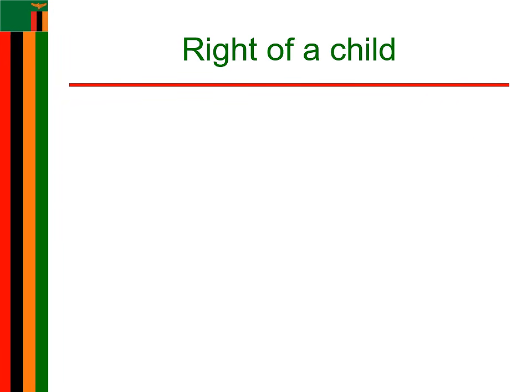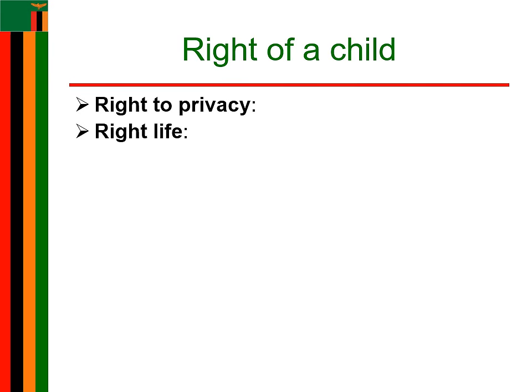Having looked at the national policy and what the policy statement says, let us now look at the rights of a child. One of the rights of a child is right to privacy. Like any other patient, children have the right to privacy regardless of the age.